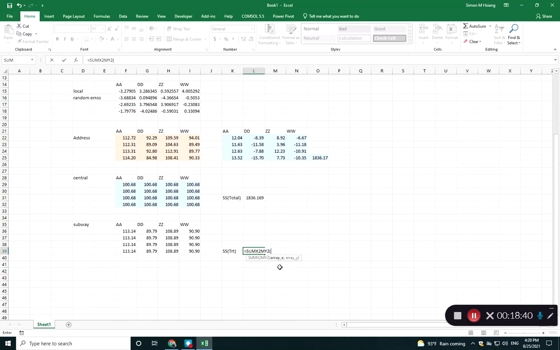So this time I'm not going to do the differences again. I'm just using this 4 minus this 4.